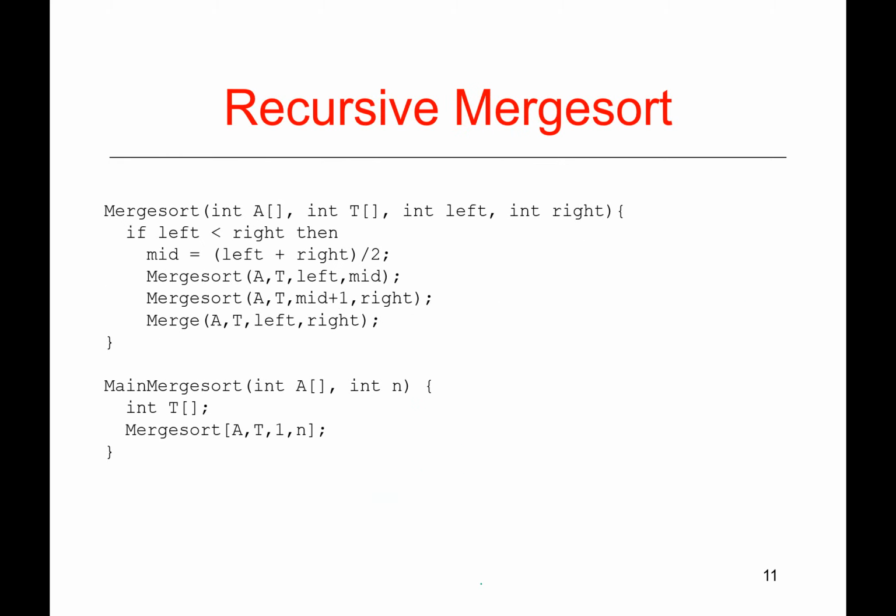And this merge sort is based on the merge procedure: given the sequence, we divide, find the middle point, follow the same procedure on the left part and the right part, and then combine the results from the two sides, right?